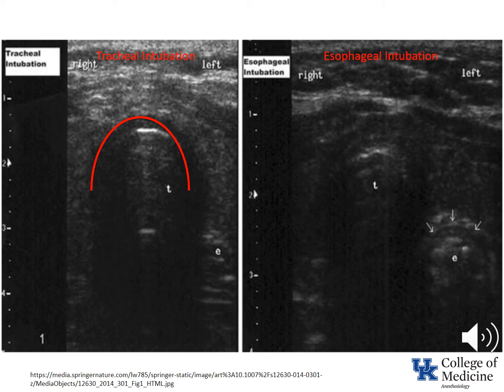Finally, there is the bullet sign. In contrast, if the tube is in the esophagus, there should be two air mucosal interfaces, one for the trachea, as indicated by the red arrow, and the other for the esophagus, as indicated by the blue arrow. Furthermore, the rounded, dilated esophagus results in what's known as the double trachea sign.